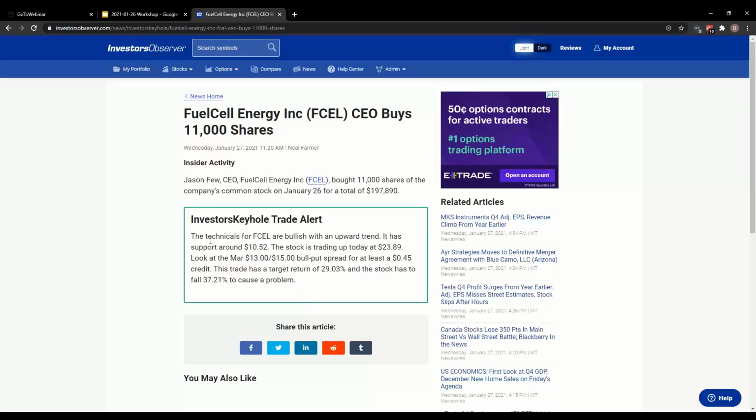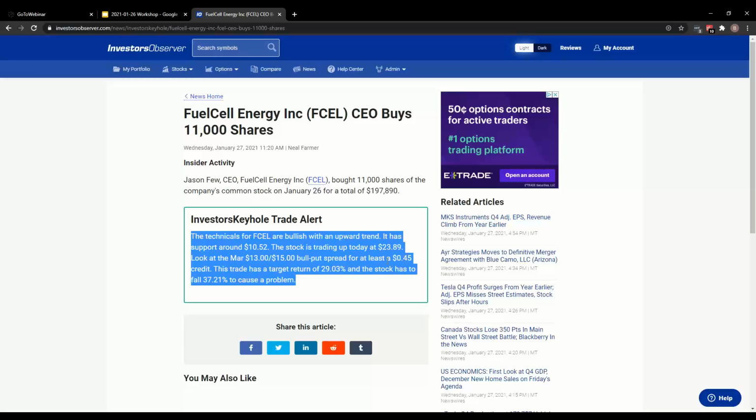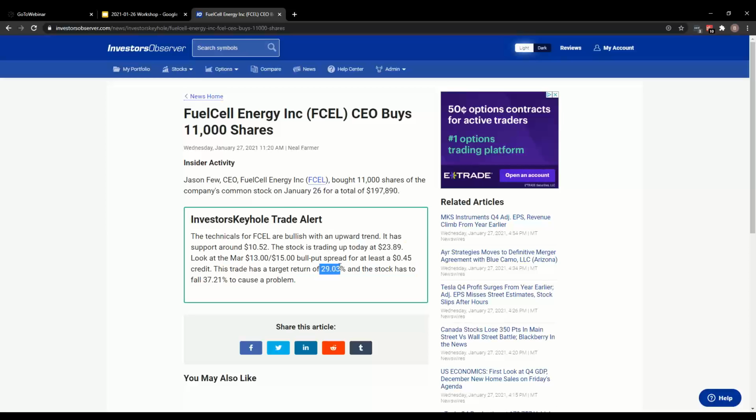The text here is pretty much the same. It's just kind of a fill in the blank as far as what they all say. And then this one we're going to buy the March 13 and sell the 15 puts again for a spread of 45 cents per share. That gives it a target return of 29%, and the stock has to fall 37% to cause a problem.